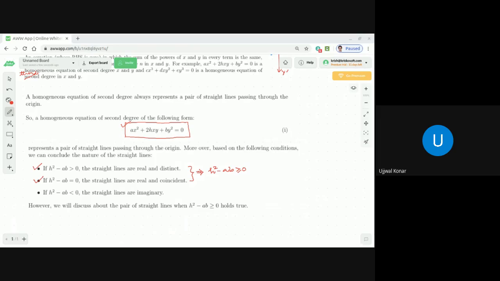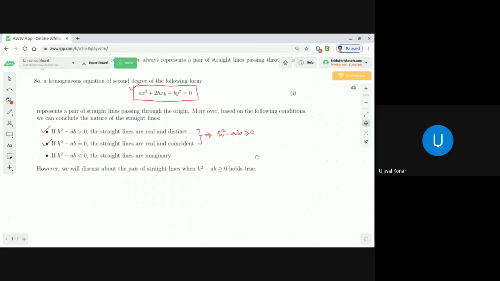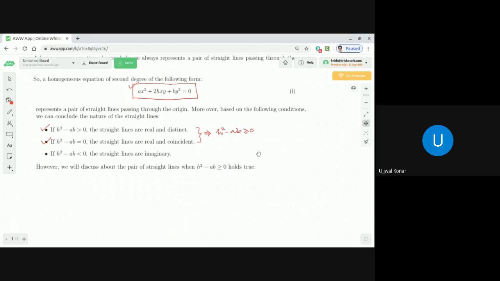So if we jointly represent these two straight lines, then we will find the relationship between these slopes and the coefficients of the terms of this homogeneous equation of second degree.